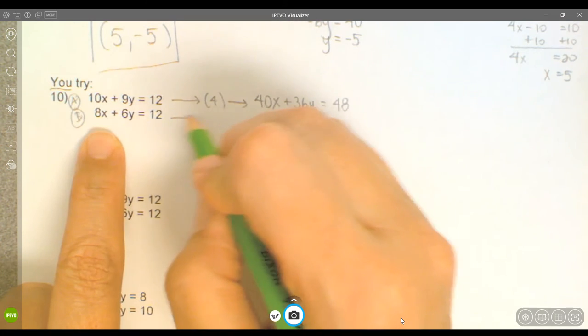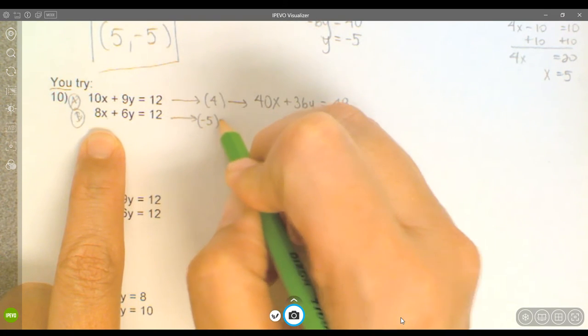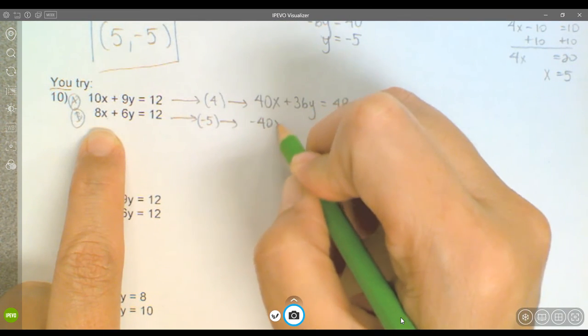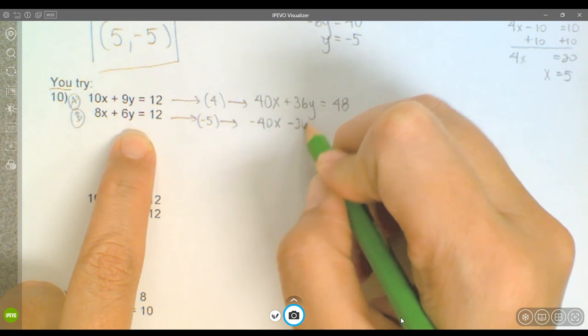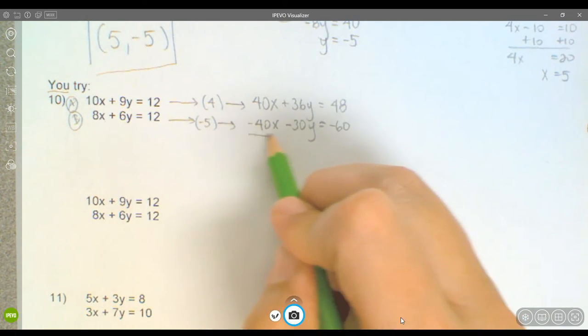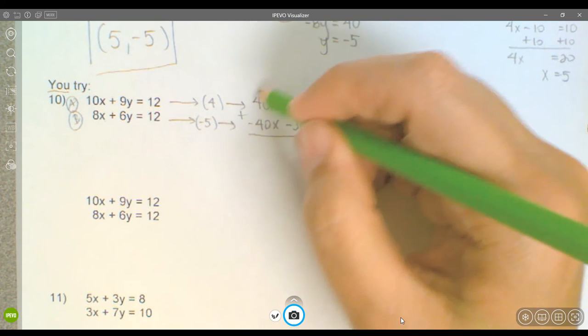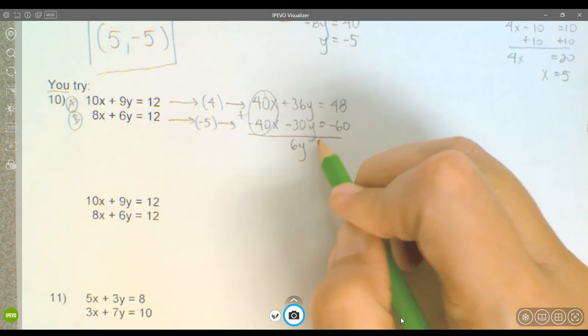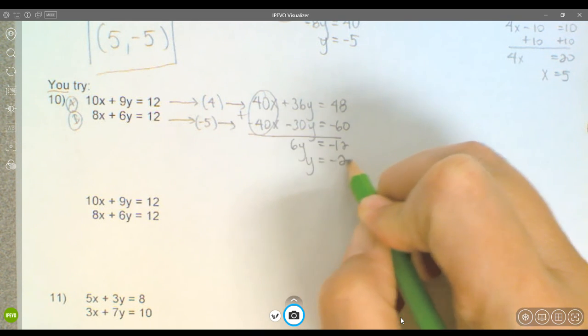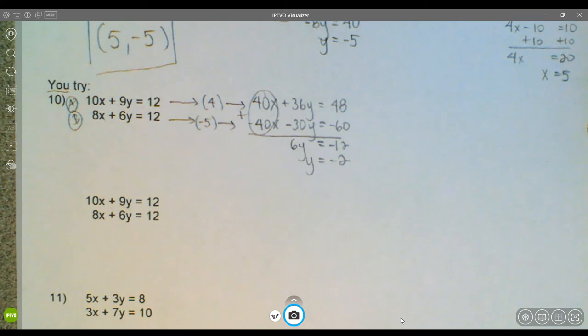The bottom equation needs to be negative 40, so we'll multiply by negative 5. And I'll get negative 40x minus 30y equals negative 60. And when I add to eliminate, I find that 6y equals negative 12, and so y equals negative 2.